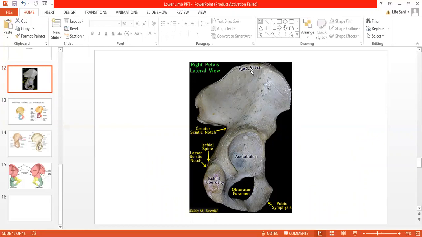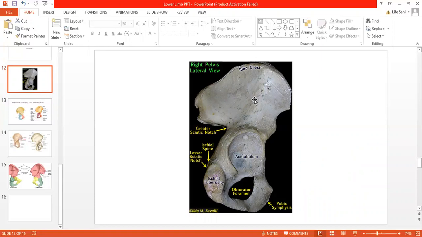This iliac crest has an anterior limit and a posterior limit. Since it is directed superiorly, it can help us understand the anatomical position. So we need to keep this iliac crest superiorly while holding the hip bone.